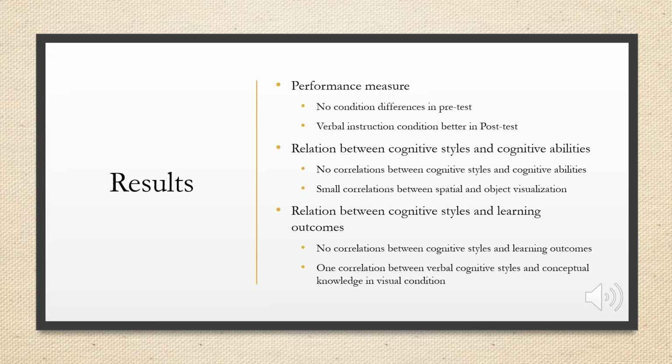There was no correlation between cognitive styles and cognitive abilities, but small correlations were found between two cognitive abilities, spatial and object visualizations. There were no correlations between cognitive styles and learning outcomes in the verbal condition, whereas one relation was found between verbal cognitive style and conceptual knowledge in the visual condition.